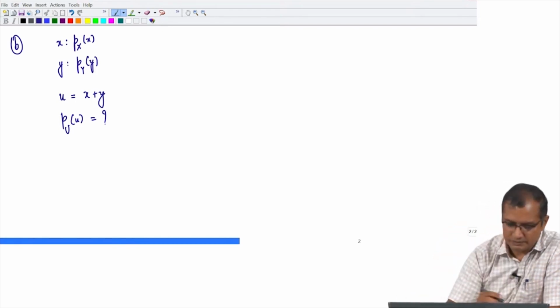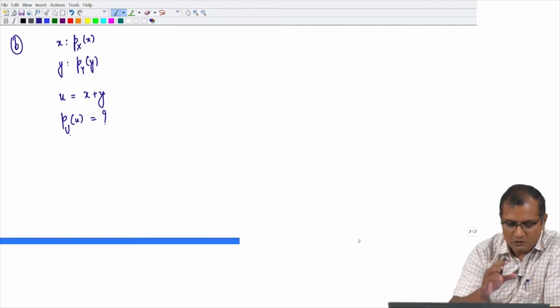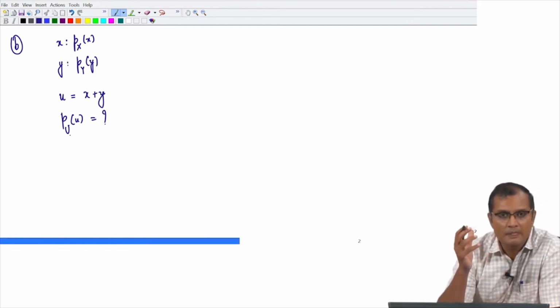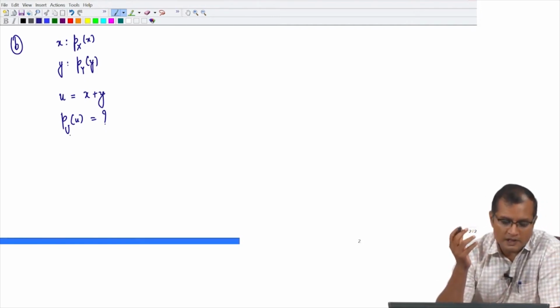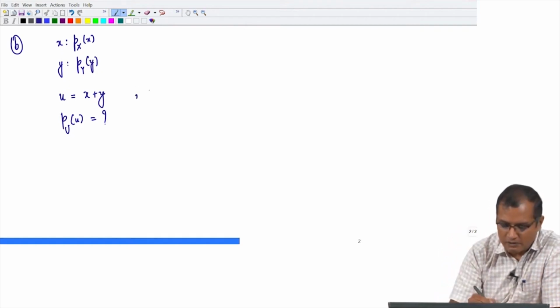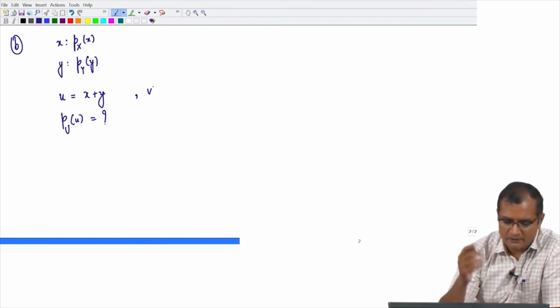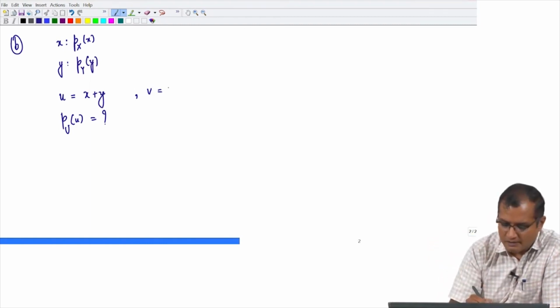So, going by the previous discussion, if you have the two variables x and y and you want to know how x plus y is distributed, you can introduce one more variable, let us say v, so that from x, y you generate a new pair u, v.